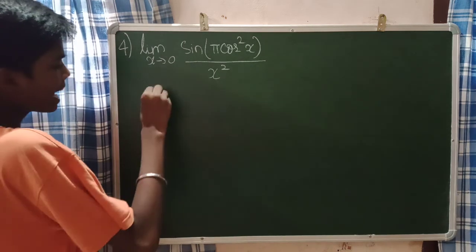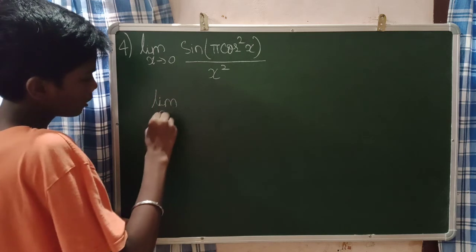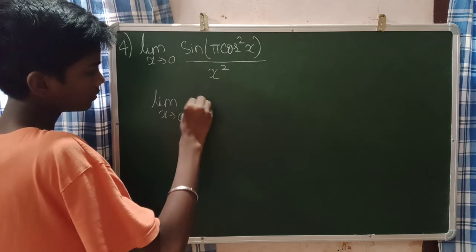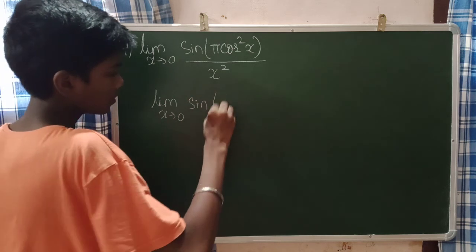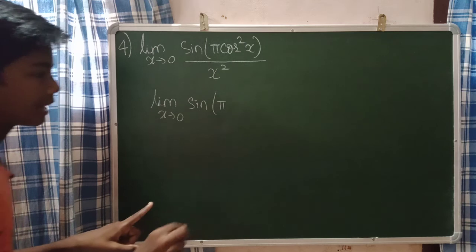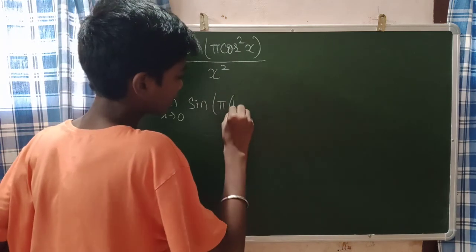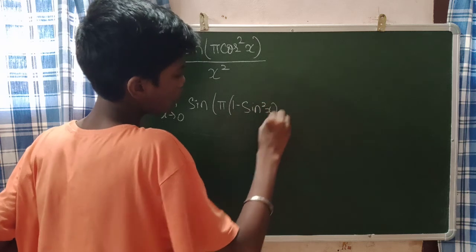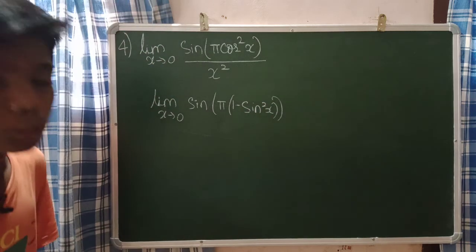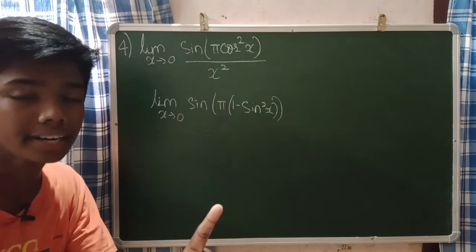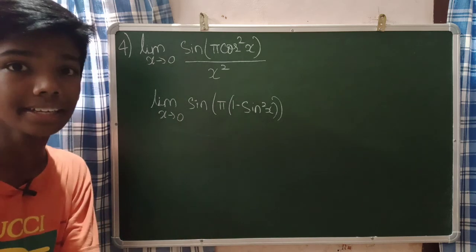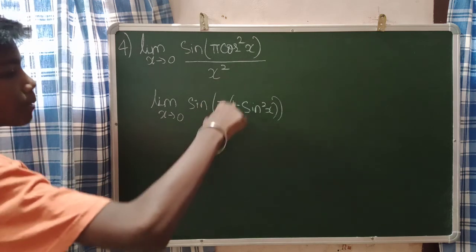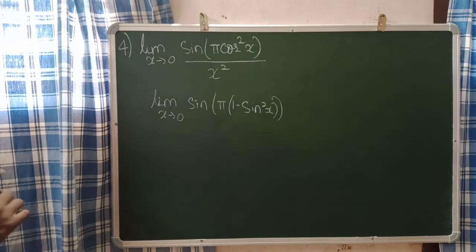So using that, I can write it as limit of x tends to 0 of sine of pi into cos square x, and I'm going to write this cos square x as 1 minus sine square x. How I'm writing this means, as we know, sine square x plus cos square x is equal to 1, which is your Pythagorean identity. Using that, I will say that your cos square x will be nothing but 1 minus sine square x. Very simple.